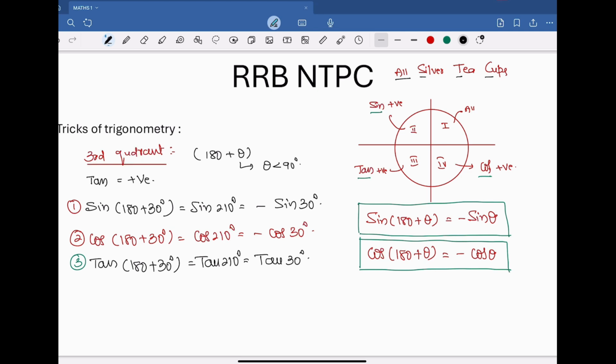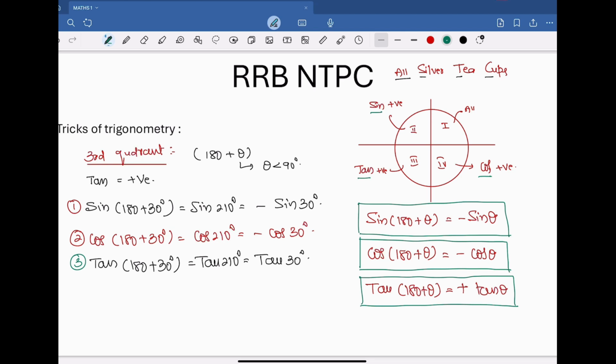Because it is the ratio of sin theta and cos theta, minus by minus is nothing but positive. Hence we can conclude tan 180 plus theta is equal to plus tan theta. Value is not changing and sign is also not changing in the third quadrant for tan.